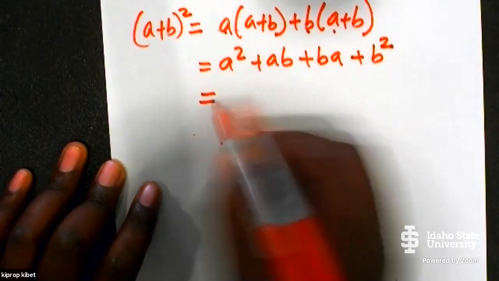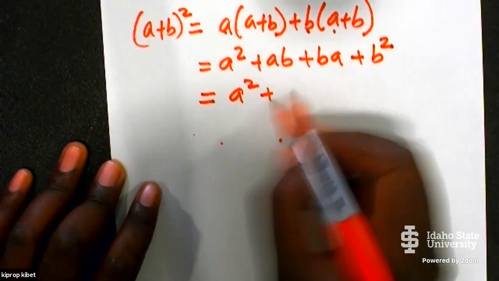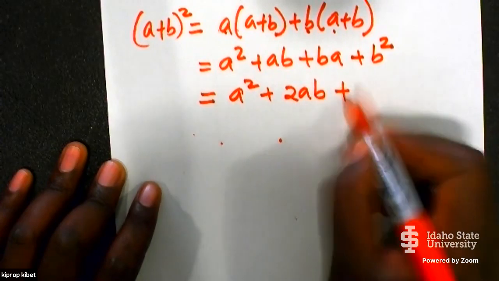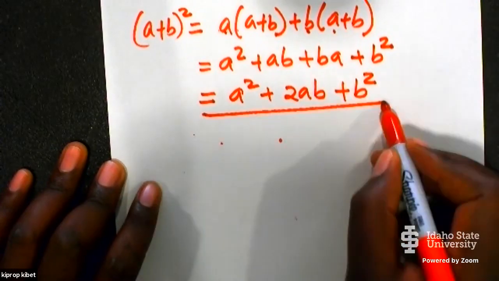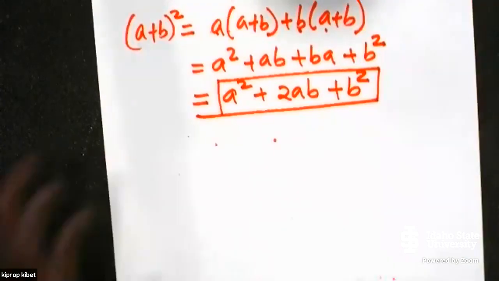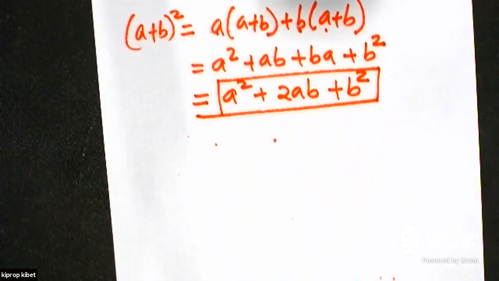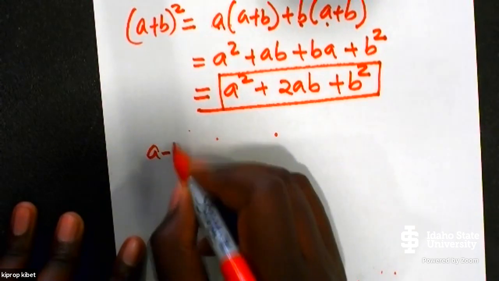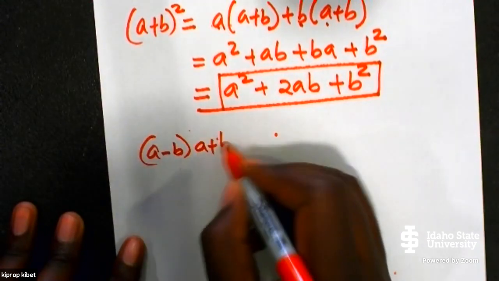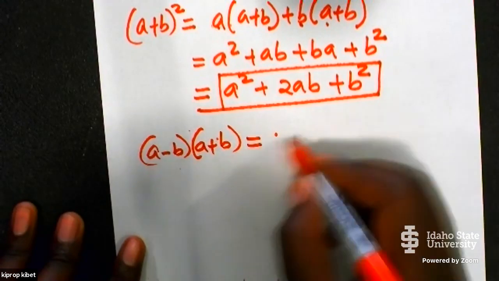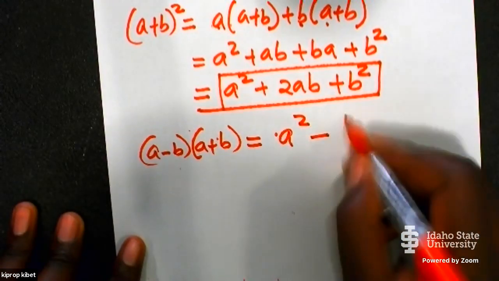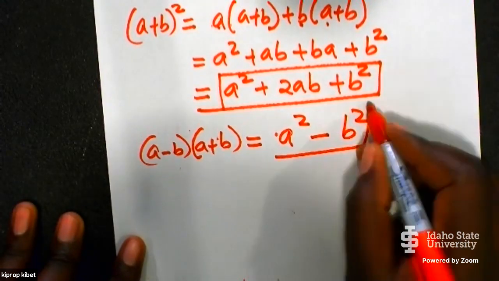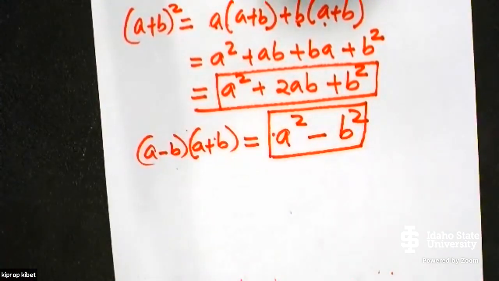So finally what you get is a squared plus 2ab plus b squared. Then the one for a minus b is (a minus b)(a plus b). We already did it. So this is a squared minus b squared.